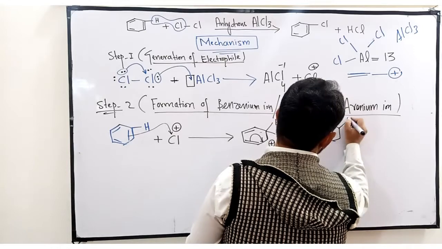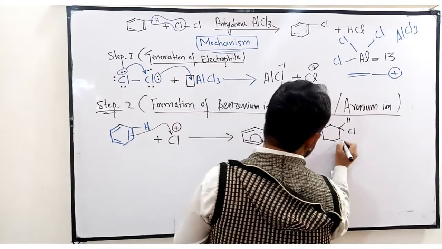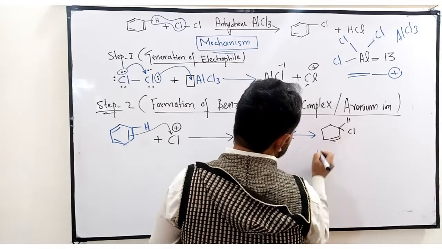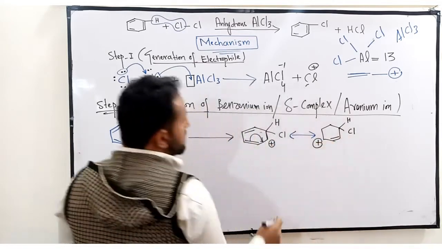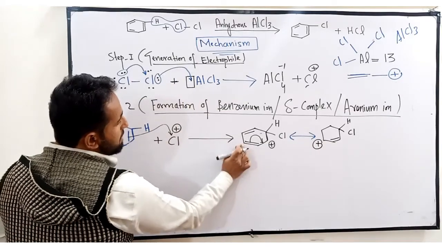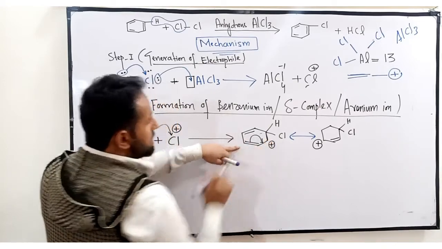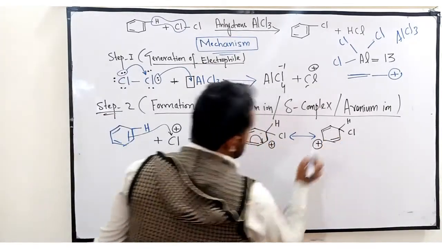especially this one. This is hydrogen, this is Cl. Now the double bond comes here and the positive charge comes on this carbon atom, because the electron from this carbon is shifted towards this carbon atom, and this is the double bond.